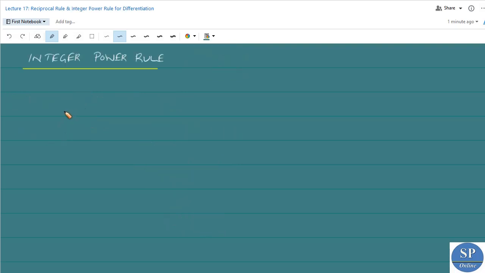Next rule for differentiation is integer power rule. If n is any integer, may be positive, negative or 0, then d by dx of x to the power n is equal to n into x power n minus 1.